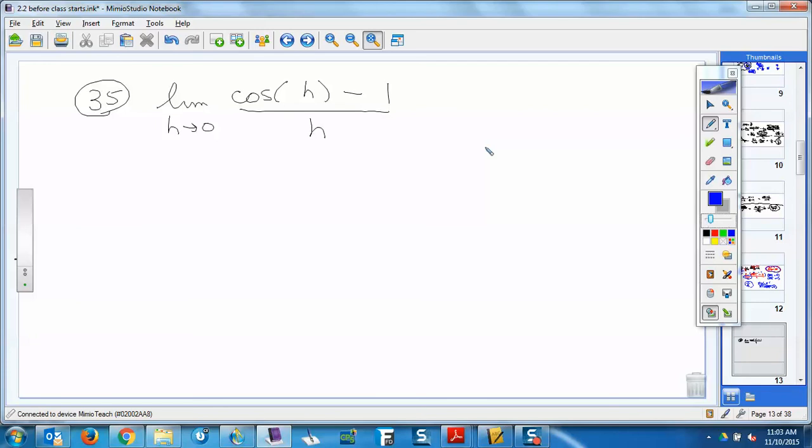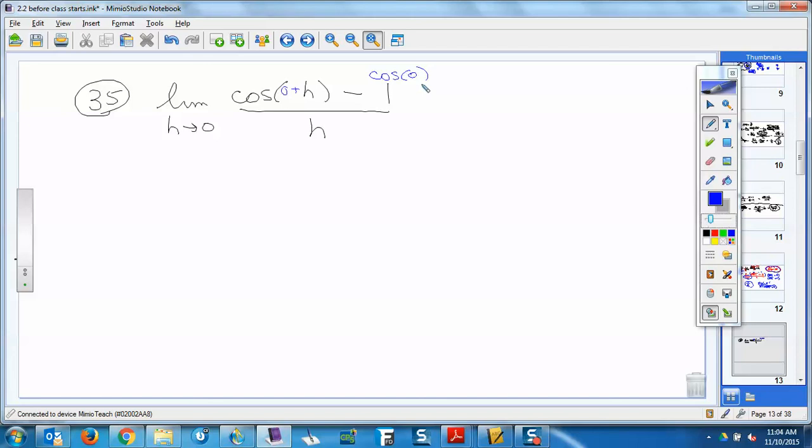How does this look like this? Well, again, I always look for the a plus h, the a plus h, the a plus h. Where's the a plus h here? How about right there? Isn't that a plus h? 0 plus h, right? And then what must this have been over here? Cosine of 0, right?